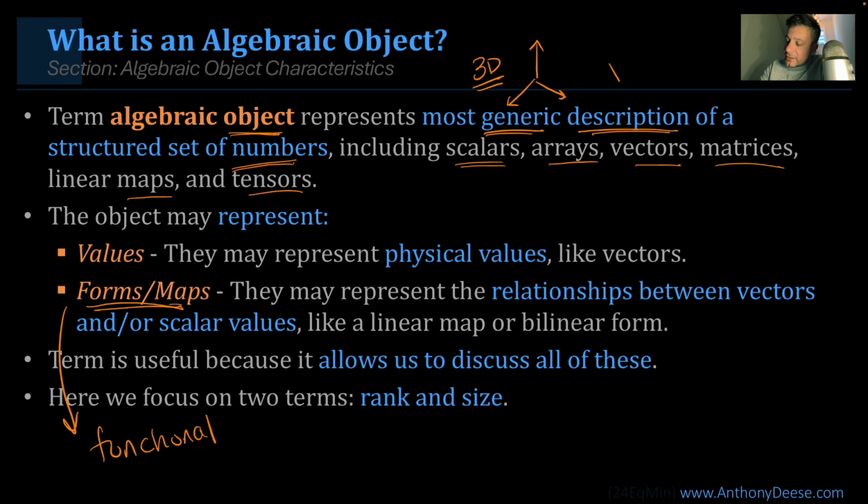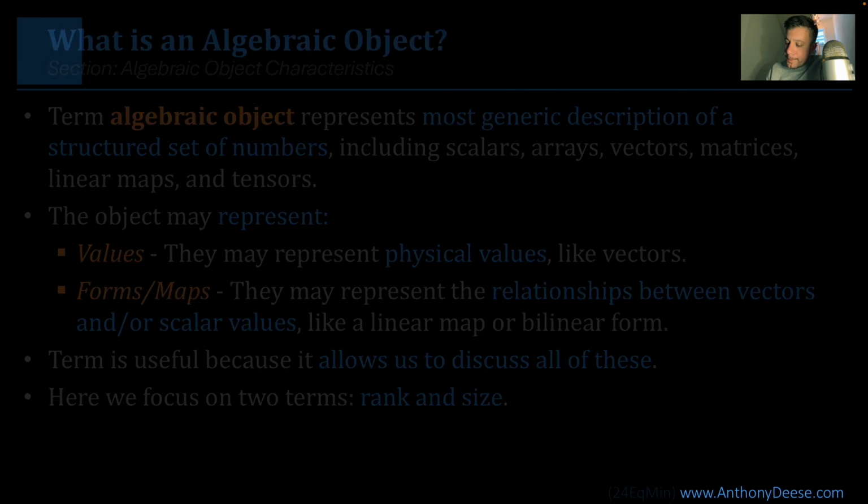And we've already seen this as well, right? We know that we can describe an array Y as the product of a matrix A and array X, where this is a functional mapping. So the term is useful because it allows us to discuss characteristics of all of these, and these characteristics that we're going to talk about, specifically rank and size, they do apply to scalars, arrays, vectors, matrices, on and on.